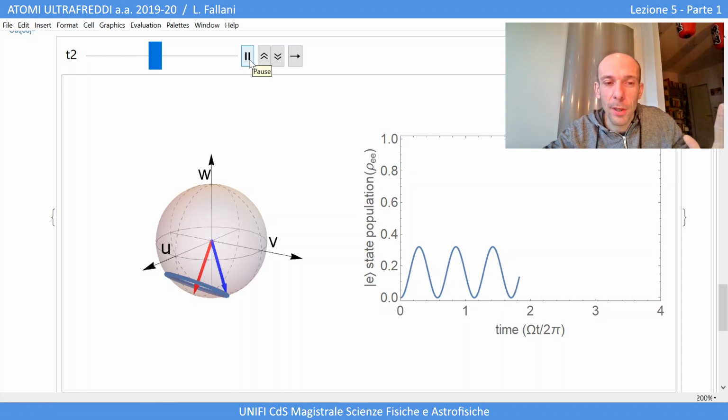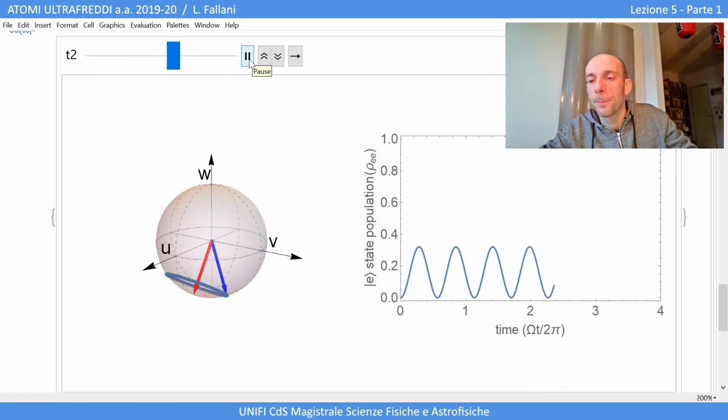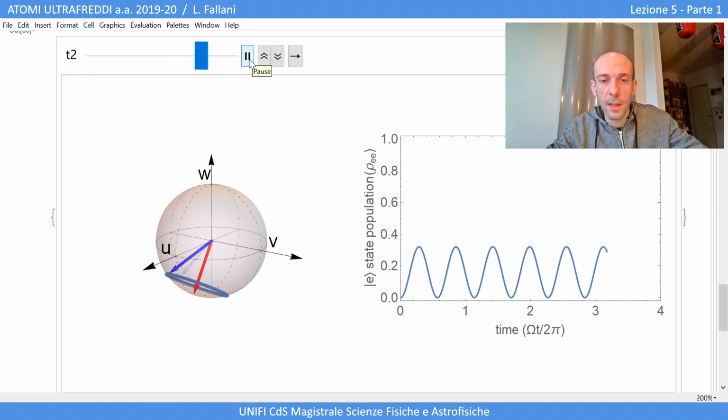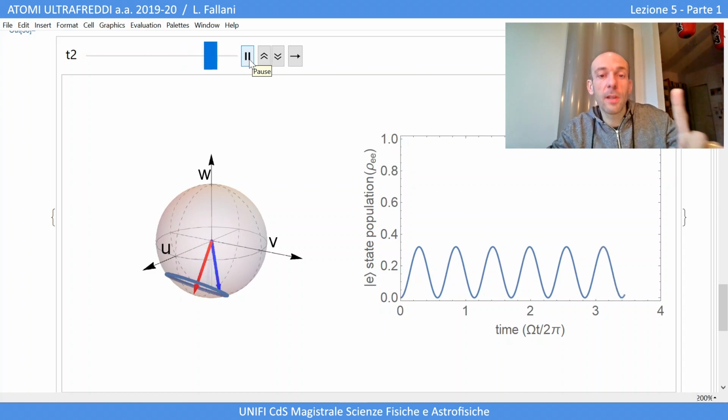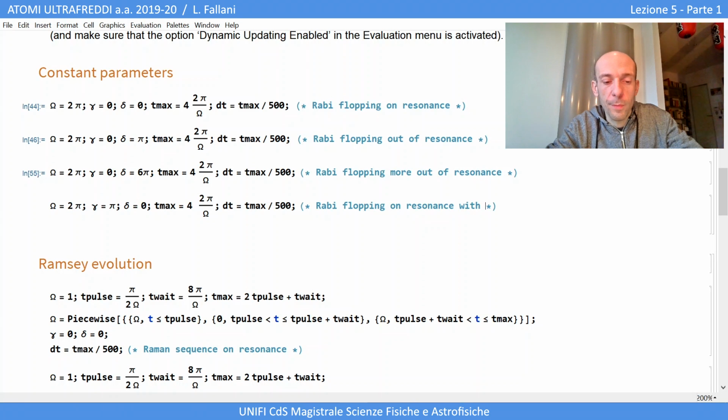Last simple example. This is something that we already have studied, but the visualization on the Bloch sphere I always find particularly interesting. Now let's consider the case with relaxation, with spontaneous emission.